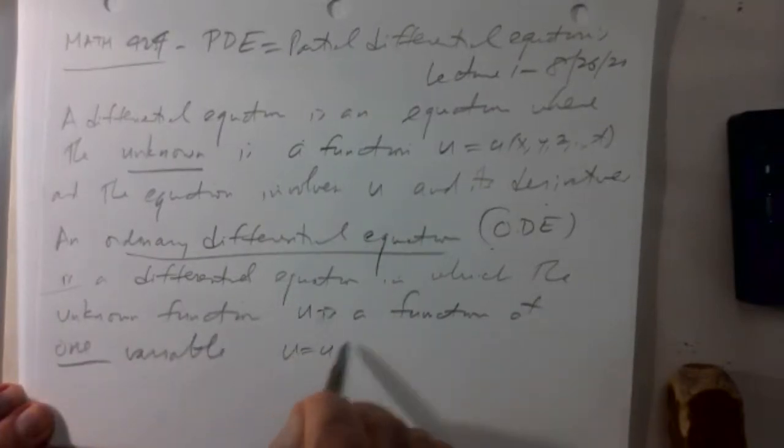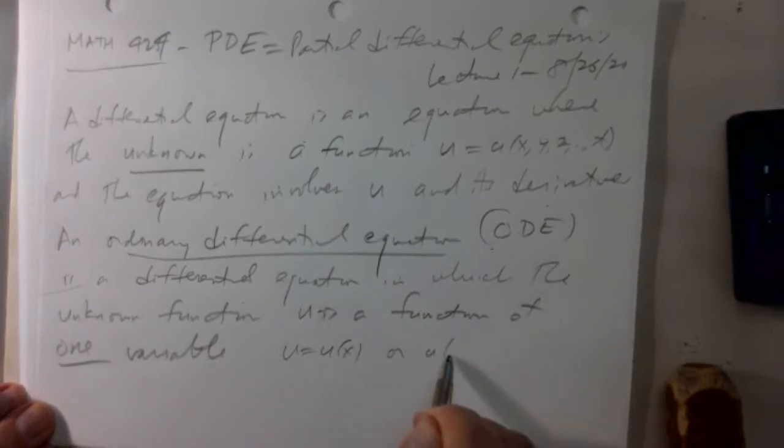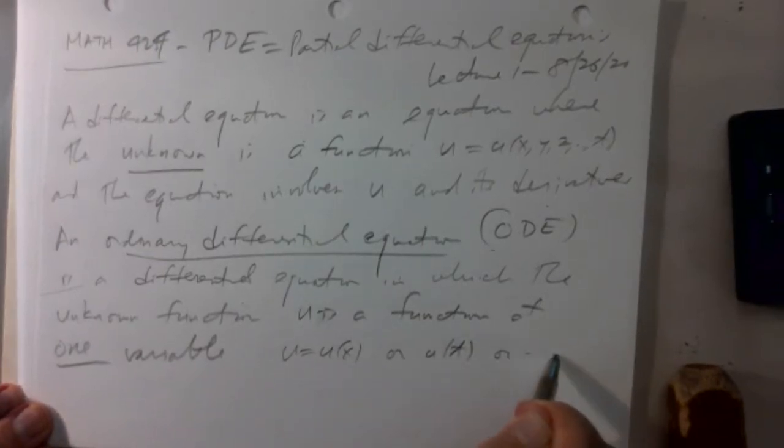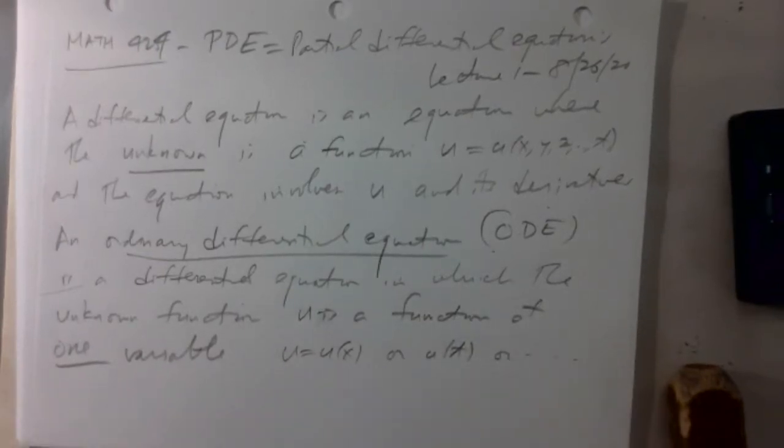So u might be a function of x, or a function of t, or any other variable we want to choose.